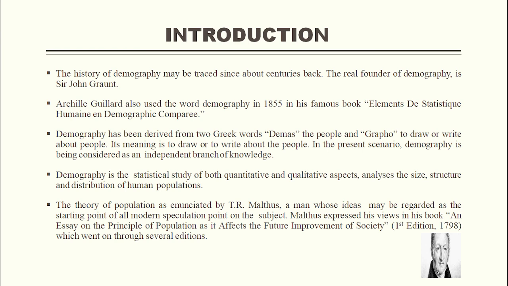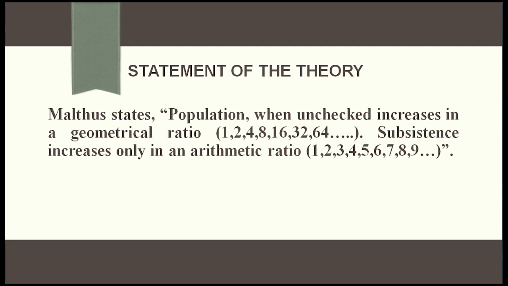Now, if we switch to the statement of the theory given by T.R. Malthus in his famous book, Malthus states that population, when unchecked, increases in a geometrical ratio, that is doubling: 1, 2, 4, 8, 16, etc. And the subsistence, which Malthus named the food supply, increases in arithmetic ratio, that is 1, 2, 3, 4, 5, 6.